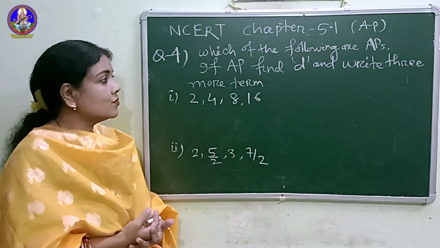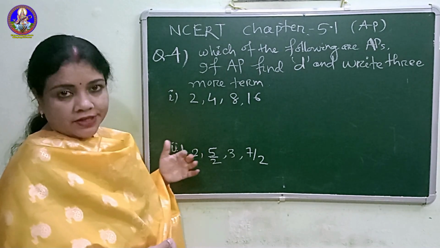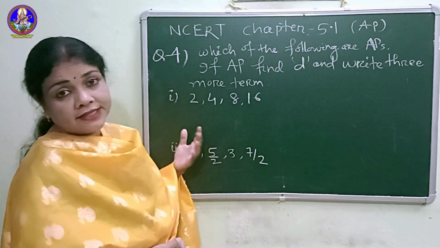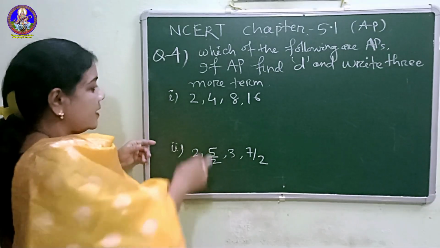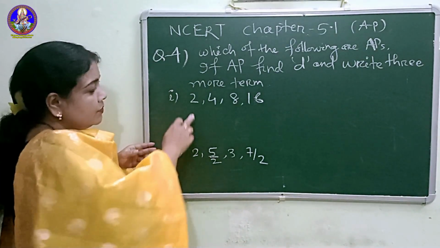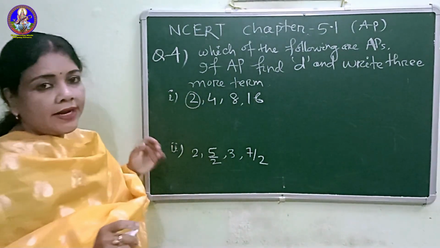Now in question number 4, it is asked which of the following is an AP or not. If it is an AP, then find the difference and the next 3 terms. So here 4 terms are given in a sequence: 2, 4, 8 and 16. As before, 2 is the first term, and we have to find the difference.